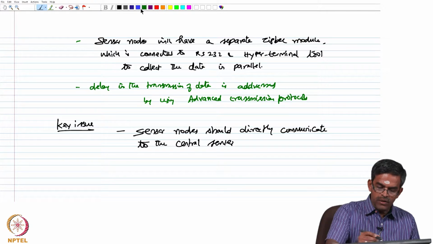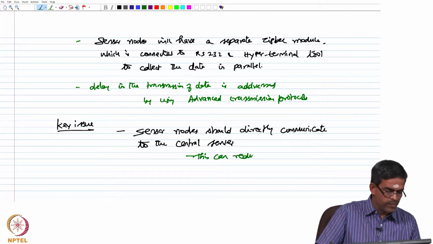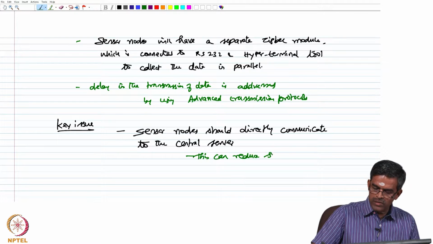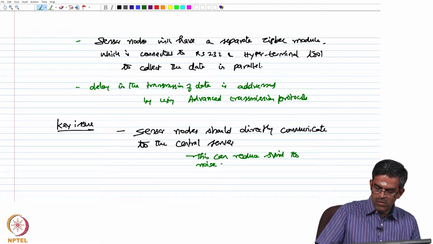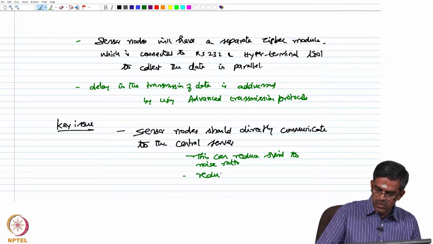Now, this can reduce the signal to noise ratio and it can reduce delay in transmission.